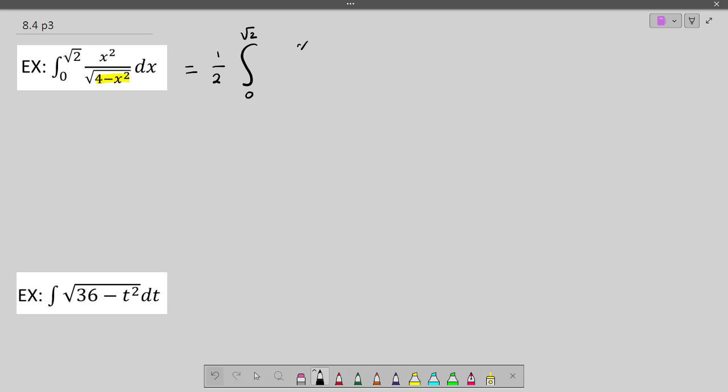Now, when you're looking at it, you're saying, wait, there's no 4 with the x squared. So what do we do? Well, we use our magic bullet, right? There's no 4 here, but we could imagine multiplying by 4 over 4. So then when we factor out, this 4 and this 4 are factoring to the front to become that 2.